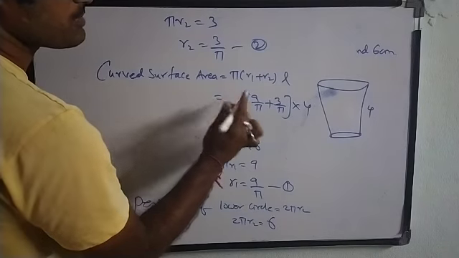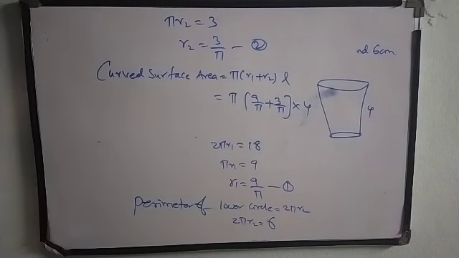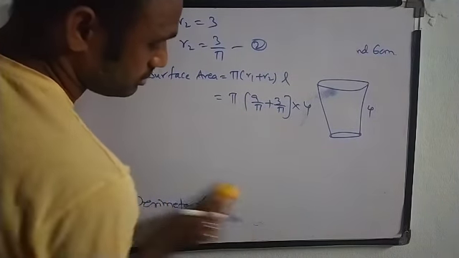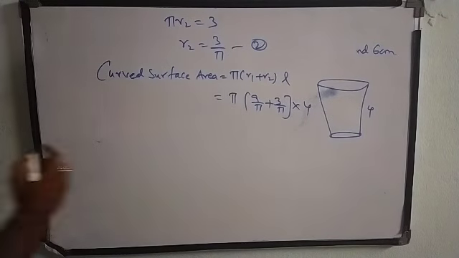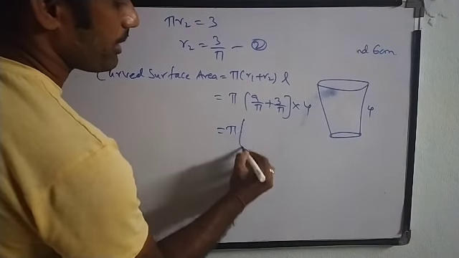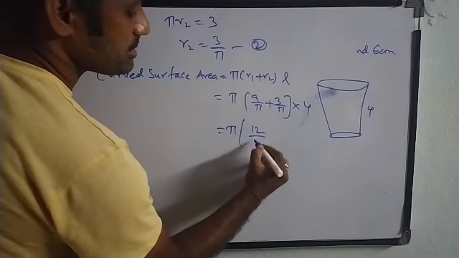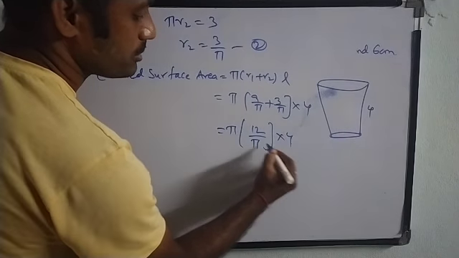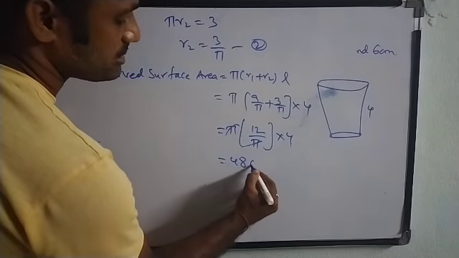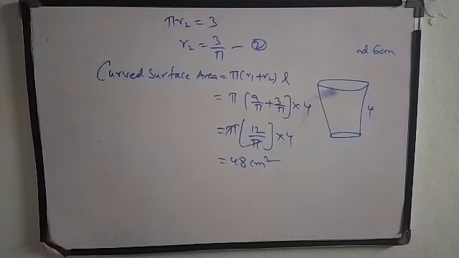So this we can make it as pi only. So here pi, 9 plus 3 is 12 by pi, into 4. So 12 into 4 is 48 centimeter square. This is the curved surface area.